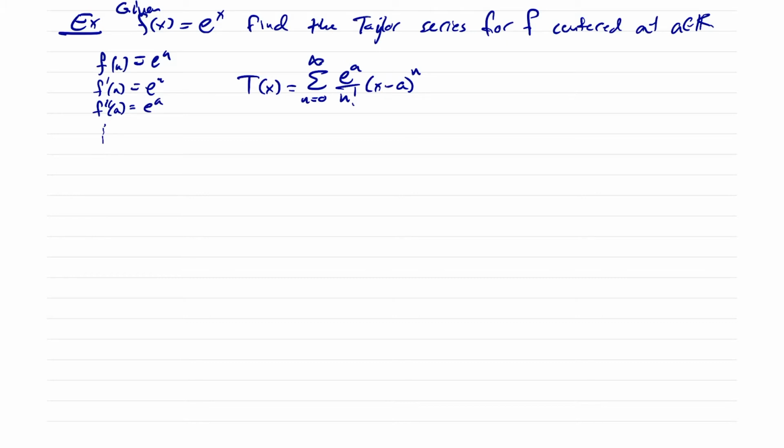And something that's interesting about that, just for fun, you can see that you can factor out e to the a, and you get the sum n equals 0 to infinity of x minus a to the n over n factorial, and this can be seen as just plugging in x minus a into e to the x. So it's going to give you e to the a times e to the x minus a.